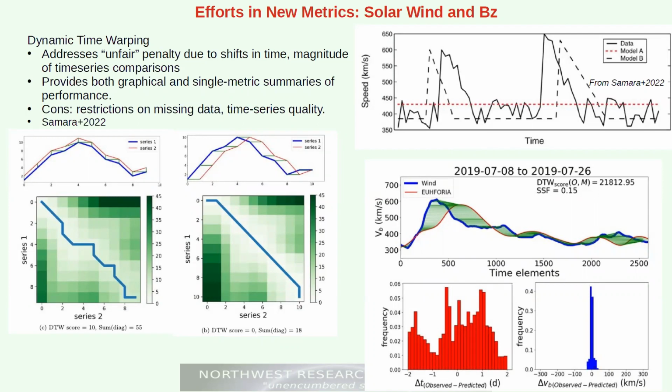Hi, Katie. Great talk. I know there's a lot of efforts that have gone into model verification, validation, and metrics within the weather community, and there are some specific resources where you can find a lot of these things. I was wondering if the SHINE community has thought about where to put some of these new metrics as they come up.